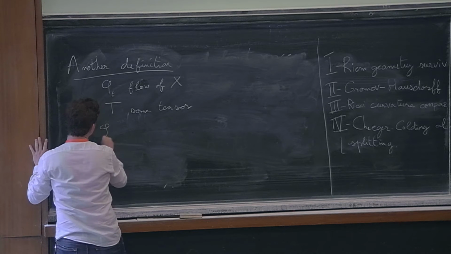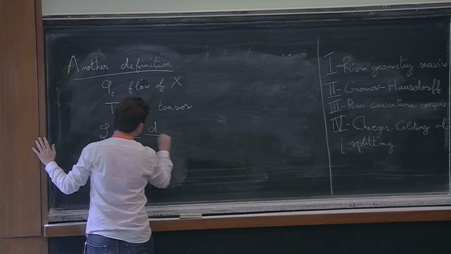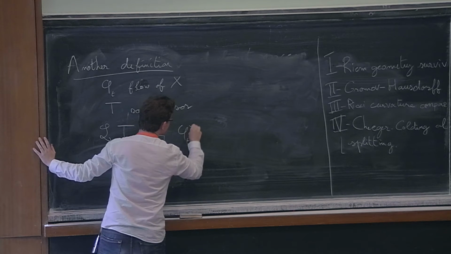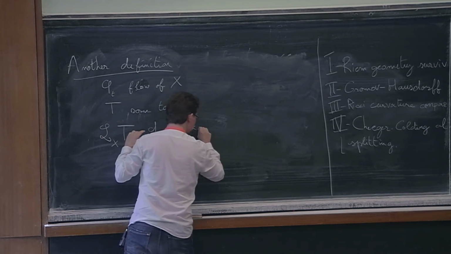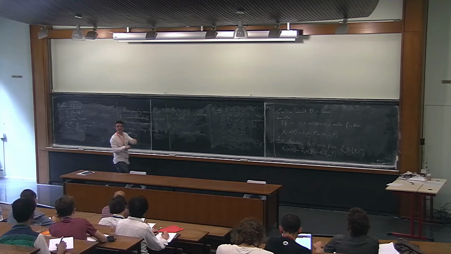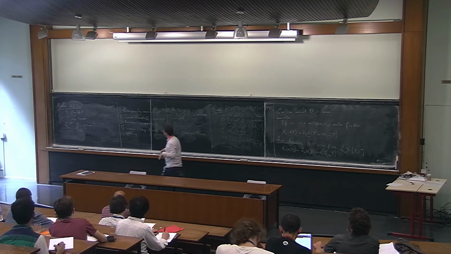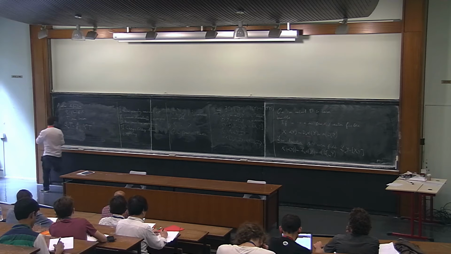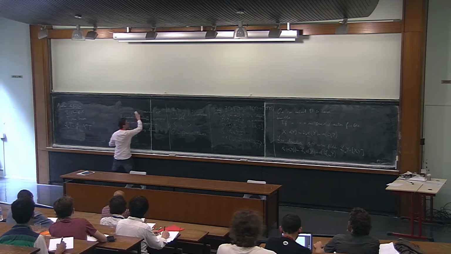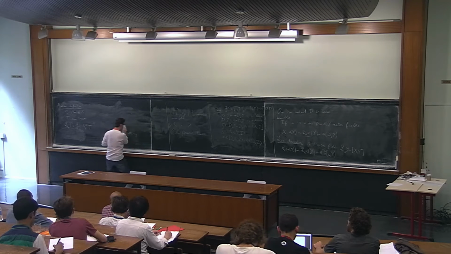And then Lx of t is the derivative at time 0 of the pullback of t. So that actually tells you how the tensor moves when you follow the flow lines of x. Maybe an application of this idea before moving on to the other objects that will be of interest.